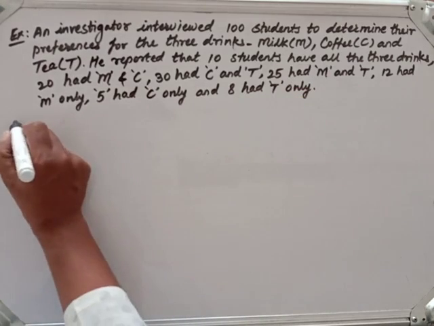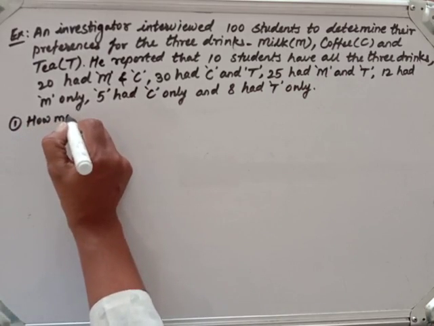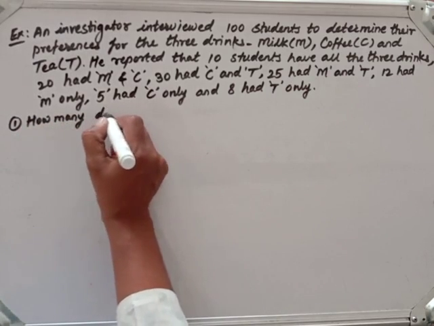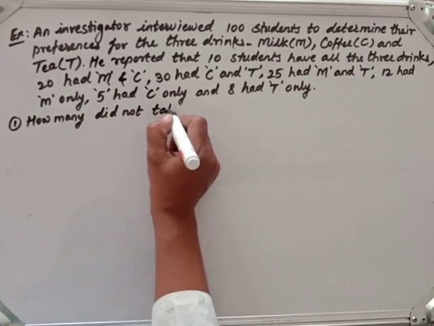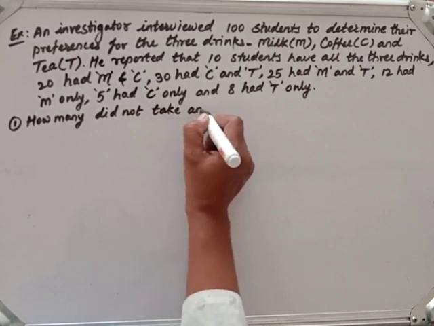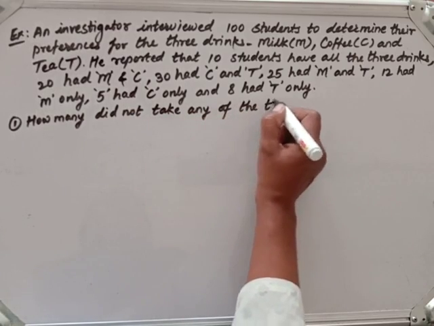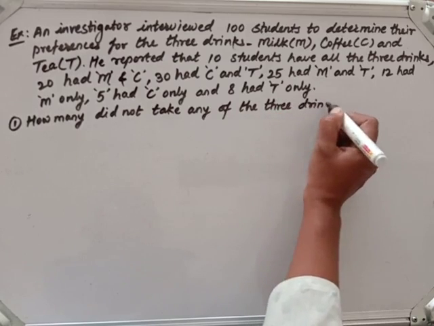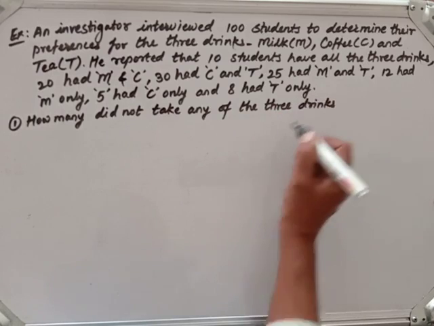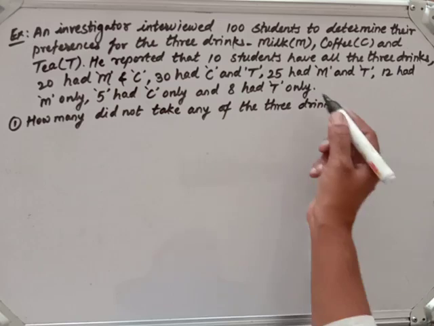Now the question is that first, how many did not take any of the 3 drinks? Any of the 3 drinks means the complement we have to determine, that is, M union C union T complement.